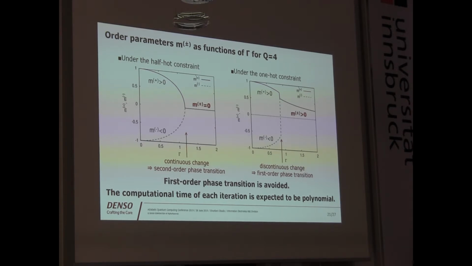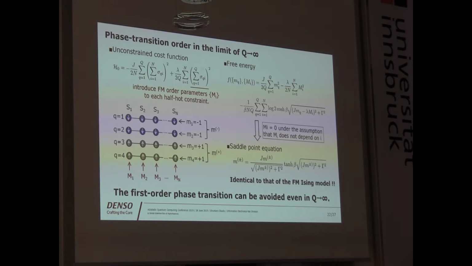Thus, the first-order phase transition is avoided under the half-hot constraint, and the computational time of each iteration is expected to be polynomial. Furthermore, we can verify that the first-order phase transition can be avoided even in the infinite limit of Q.